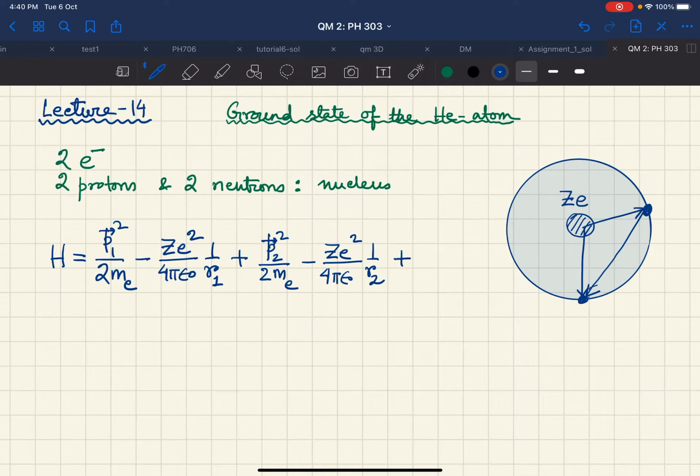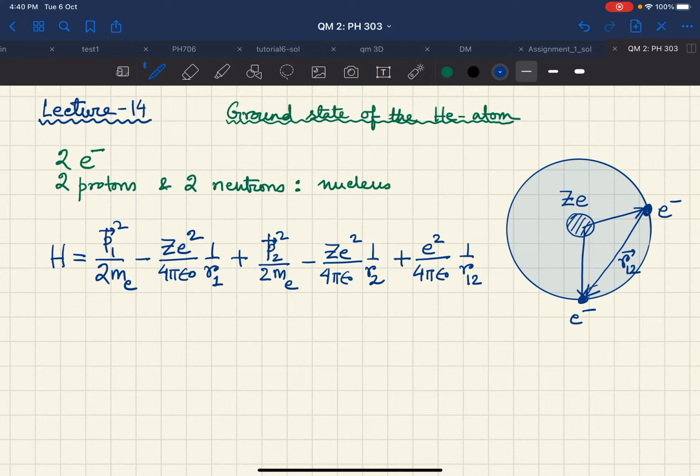And then, as I said, we also have to include the interaction between these 2 electrons. We will have a term like e squared by 4 pi epsilon naught times 1 by r12, where r12 is the distance between the 2 electrons.